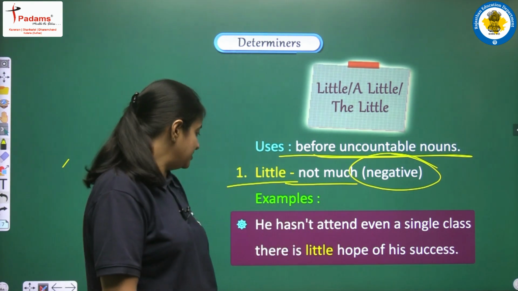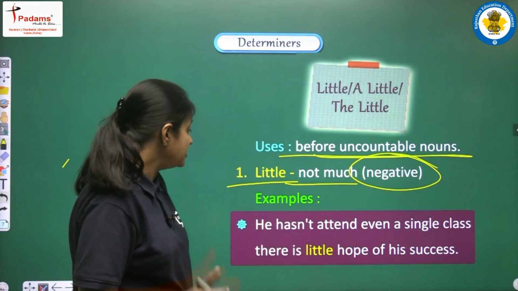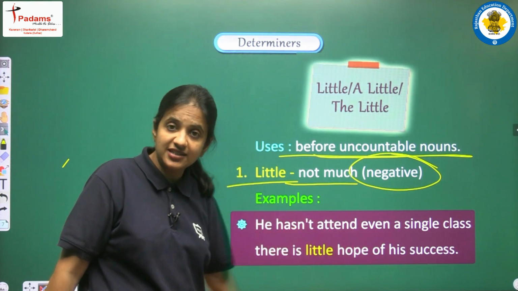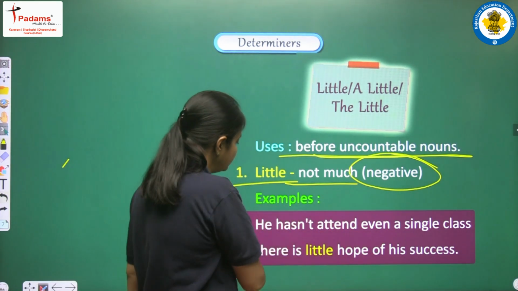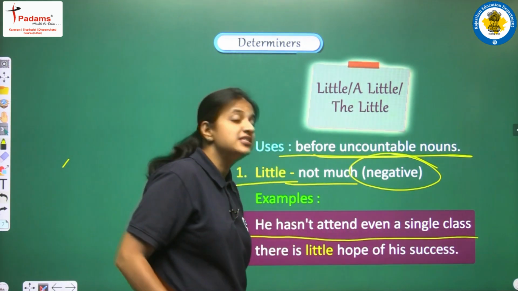Yes, let's take the example. The first example is, he hasn't attended even a single class. There is little hope of his success. So here first of all we are trying to clear this thing that he hasn't attended even a single class.